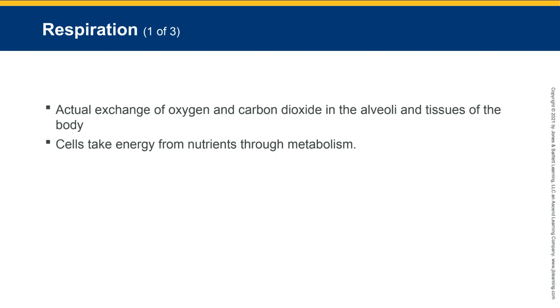Pulmonary is the exchange of oxygen and carbon dioxide in the lungs at the level of the alveoli and the pulmonary capillaries. Cellular respiration is the exchange of oxygen and carbon dioxide between the cells or tissues within the body and the capillaries.